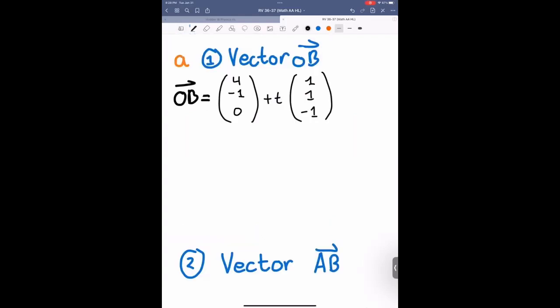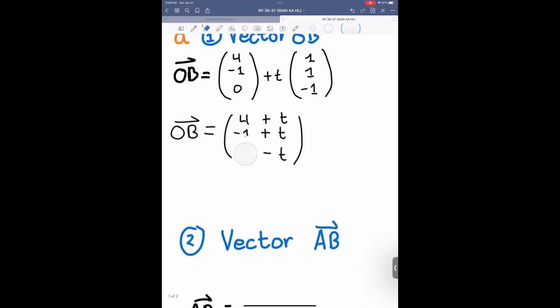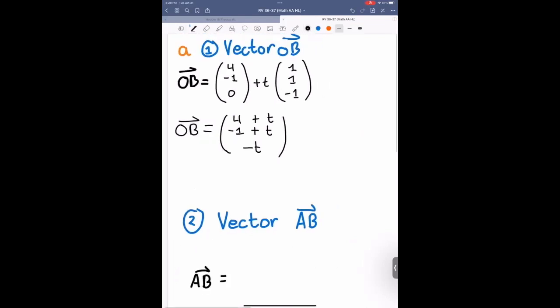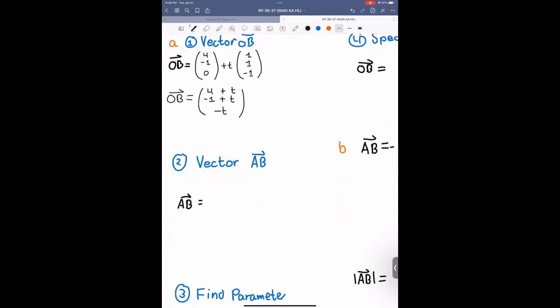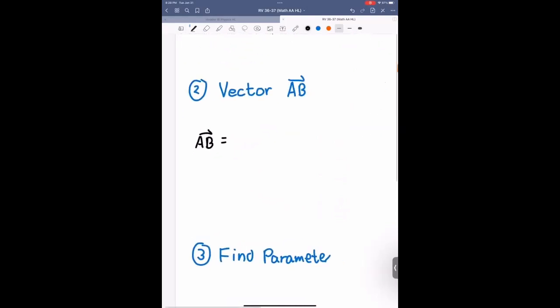So let's combine OB into one vector by multiplying the parameter t to the direction vector on the right. Right, now since we know that line L is perpendicular to vector AB, I suggest that we determine what vector AB is.